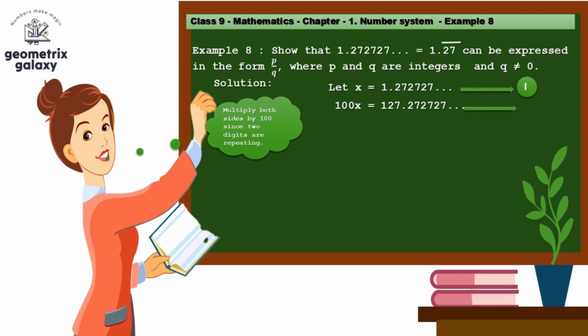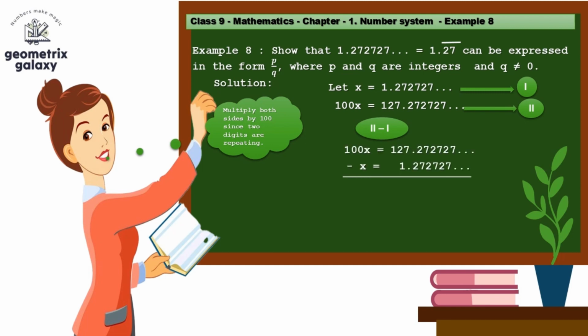This is equation 2. Now we have to subtract equation 1 from equation 2. So we will get 99x is equal to 126. The decimal part gets vanished. So x is equal to 126 by 99. If I simplify this, I'll get x is equal to 14 by 11.